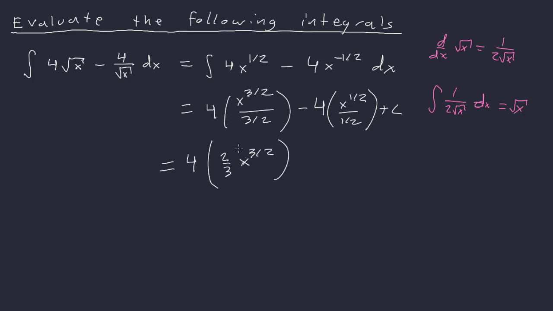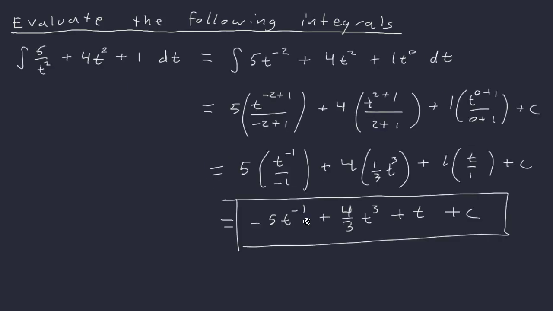And the reason I'm showing this is because notice, no matter what your exponent is, you're always multiplying by the reciprocal. So if we go back to the previous example, here we have t cubed multiplied by the reciprocal of 3. Right? This is 3 over 1. We're multiplying by 1 over 3. You're always multiplying by the reciprocal.